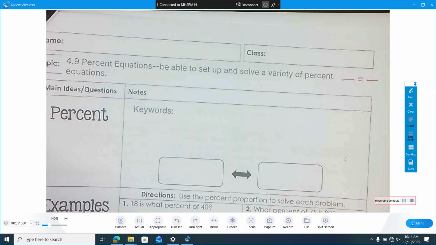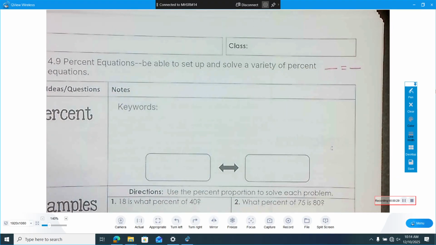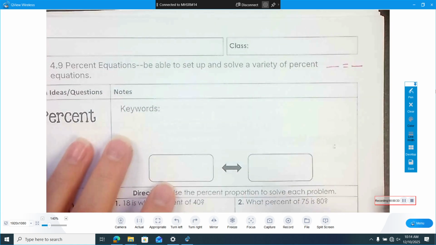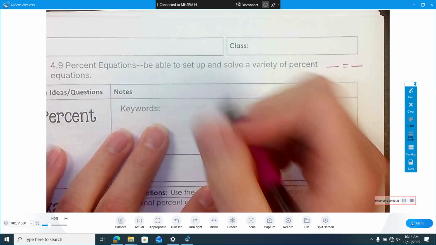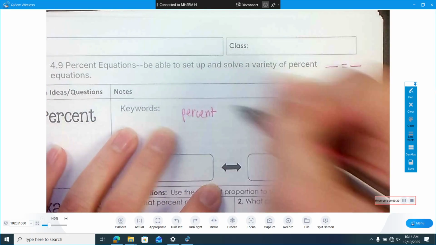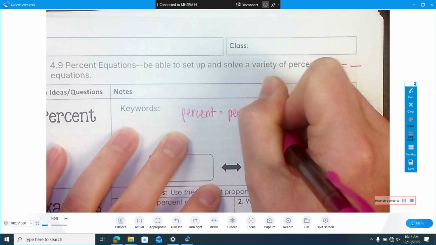There are many ways to solve these equations, but I think that using the proportion is a really nice way. So I have a few things I want to remind you. Percent is a very literal word. It means per cent.